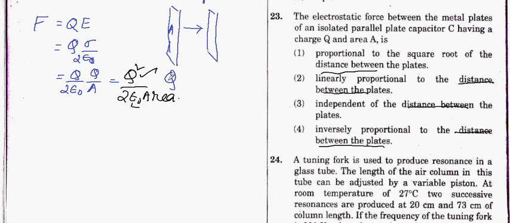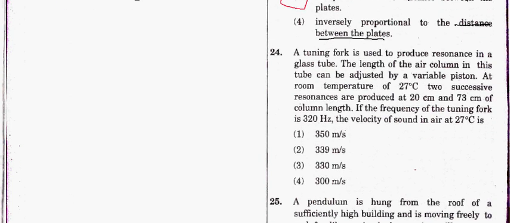So linearly proportional, inversely proportional, independent: definitely the correct option will be option number 3. So the force between the metal plates of an isolated plate capacitor is independent of their separation.